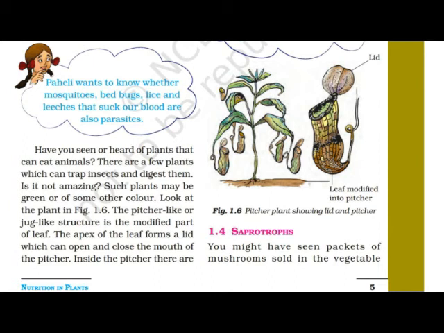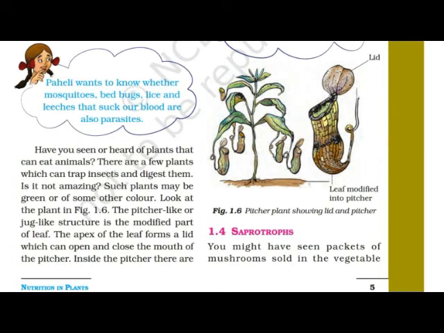Then for the preparation of nitrogen, this plant is in search of nitrogen, and whenever they trap an insect, from that insect they can get the nitrogen and prepare the proteins that they require. So this is the actual reason why the pitcher plant traps the insect, even though it can prepare its own food.